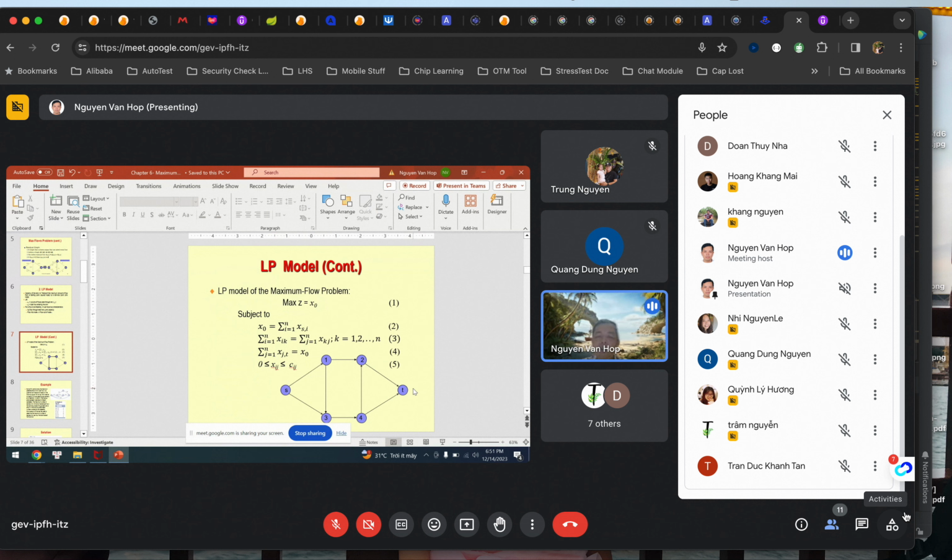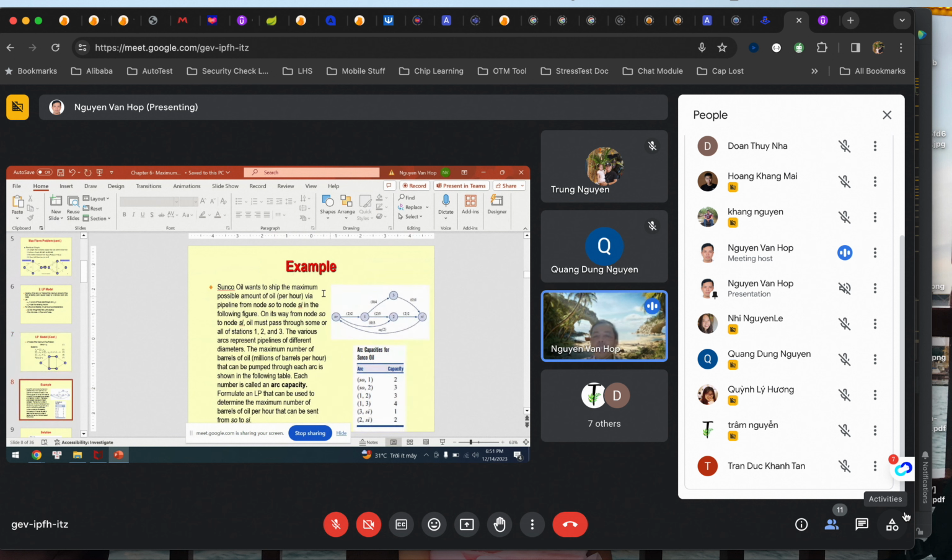Now look at a numerical example for you to understand better. For example, this is an oil company like PV Oil or Petrolimex. Suppose that they want to ship the maximum flow of oil per hour via their pipeline or vehicles carrying tanks of oil from the source node to the sink node through different stations.